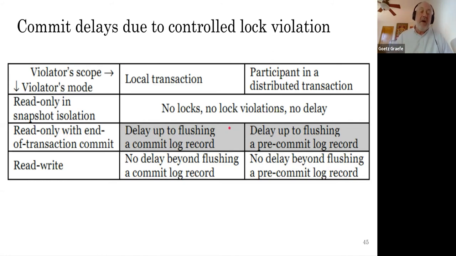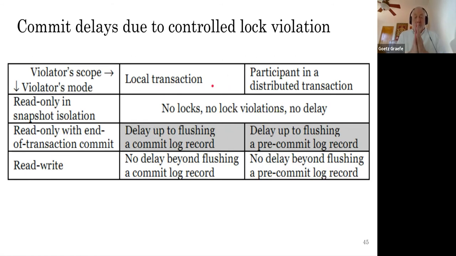And the delay we are forcing and introducing is as long as the delay of writing a commit log record for the first transaction. This problem can occur, and is easily solved with controlled lock violation, both in distributed situations and also in local situations.